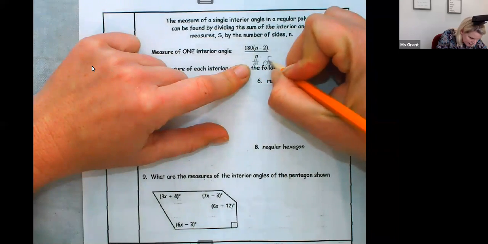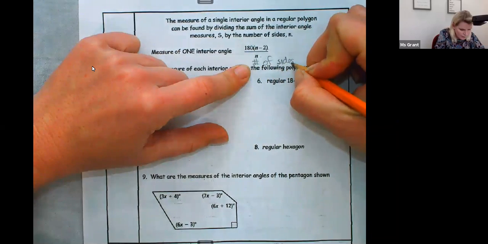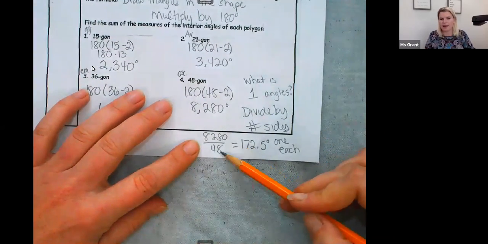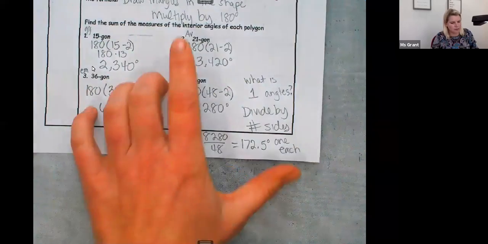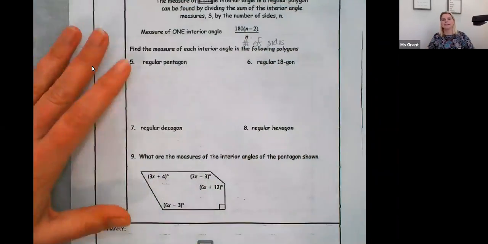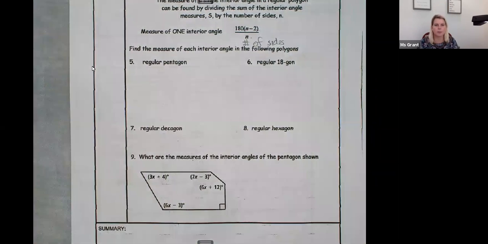That's just what I did in that last problem. When I divided 8280 divided by 48, I found each angle. I found one of the angles. Okay. Pentagon, so 5, 6, 7, and 8. So we're going to use this formula. You're just going to divide the total that you get by however many sides the shape has.